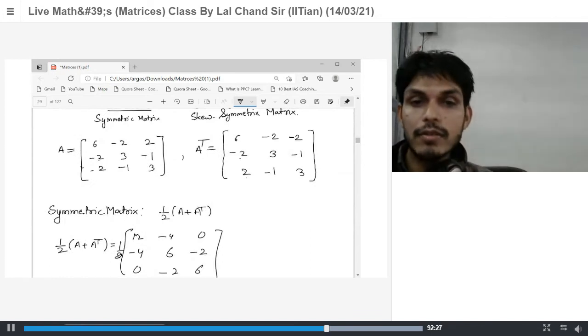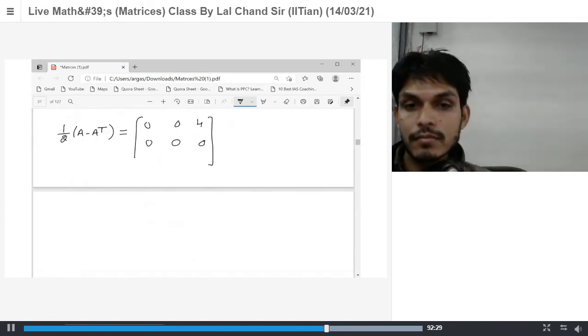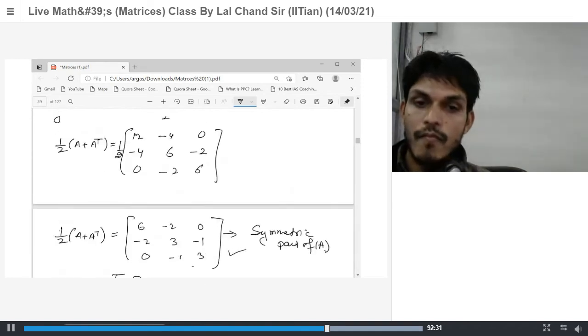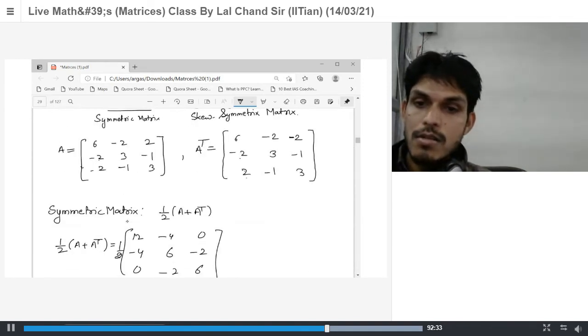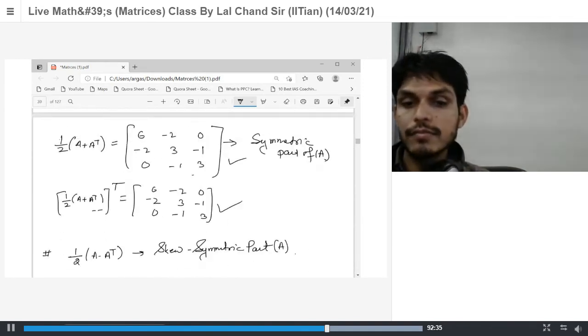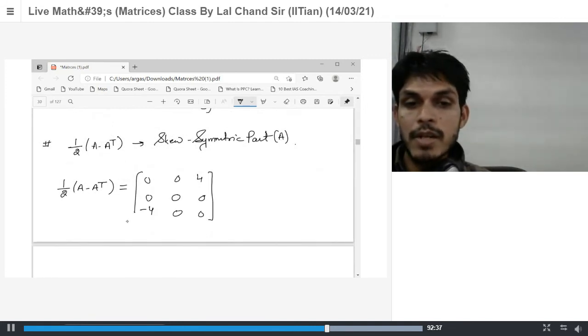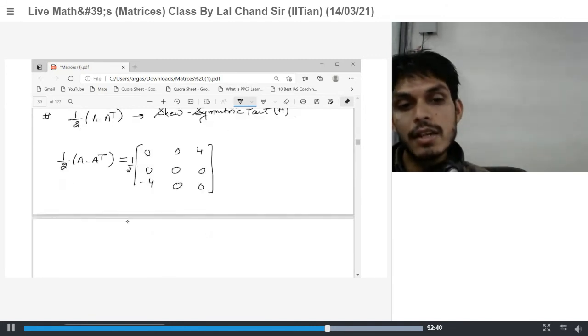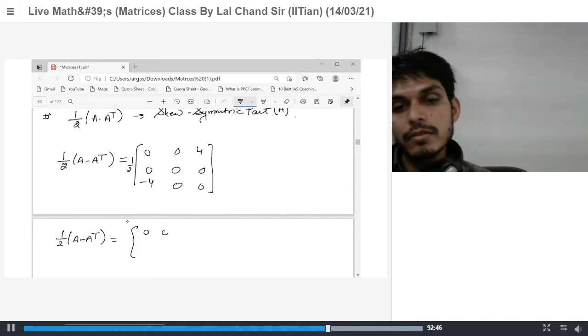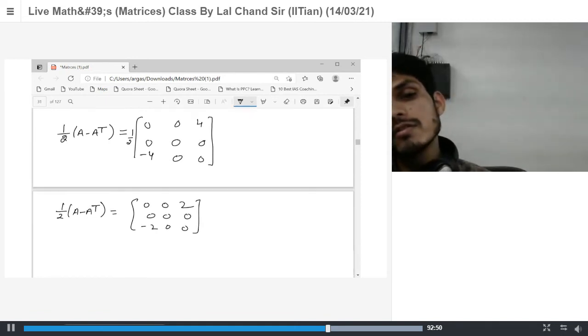This is minus 4. 0, 0. So if I multiply with half, finally I have 0, 0, 2, 0, 0, 0, minus 2, 0, 0. This is the skew symmetric part.